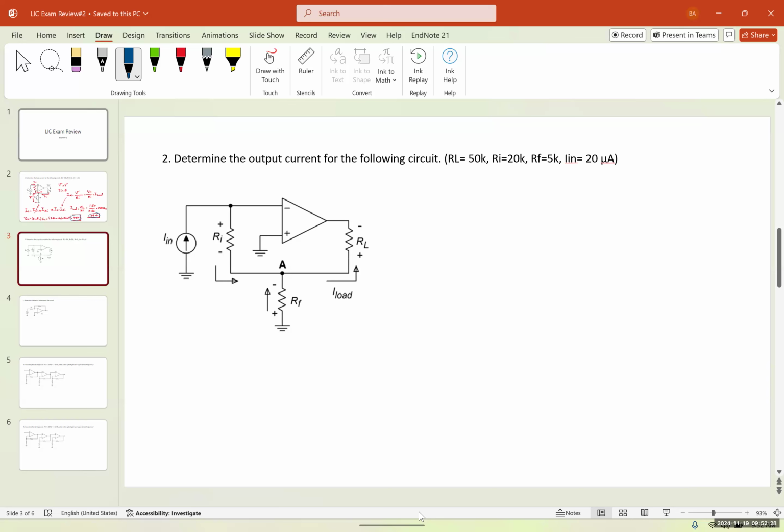Does anyone have the answer? Not exactly, but anyone else has the answer?